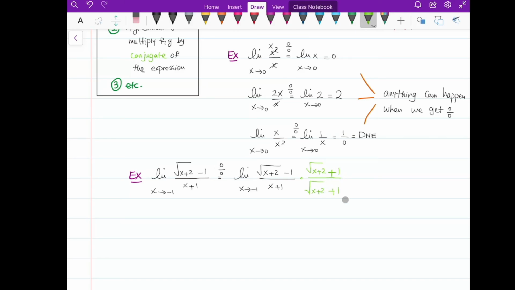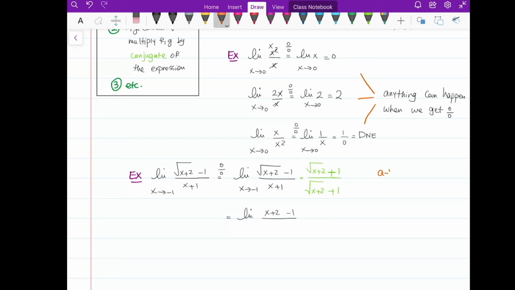When I multiply this by this expression, because top and bottom they cancel out, it means that I just multiply everything by just 1, which is nothing. So what do I get? I have something minus 1, times something plus 1. So it would be that something squared and then minus 1 squared.